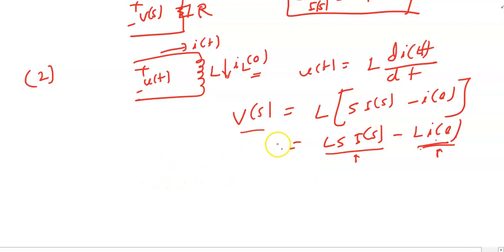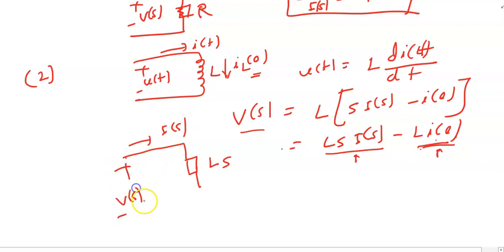So it's just the KVL equation we have written. How can I write this in a symbolic way? The transform becomes a box to represent LS. This is your I(S) and this is your V(S).